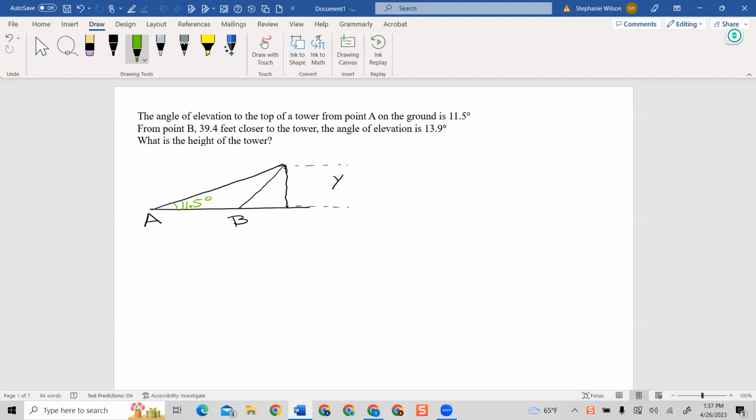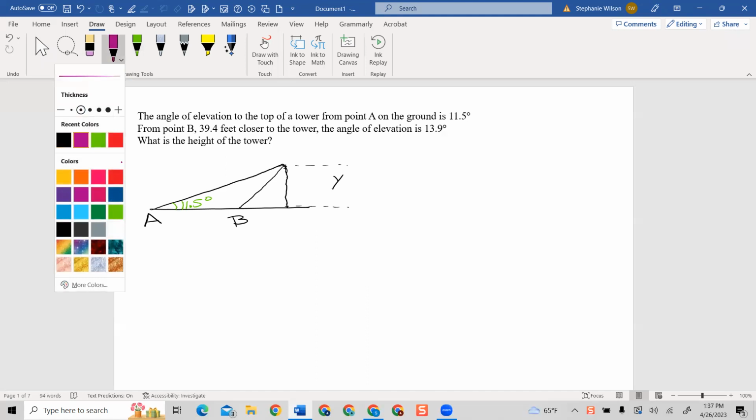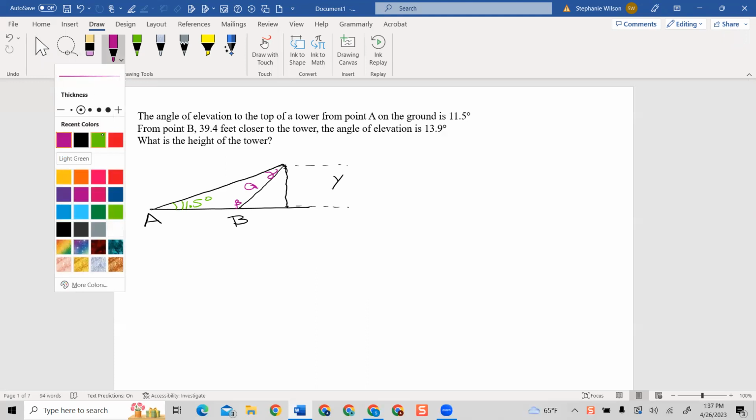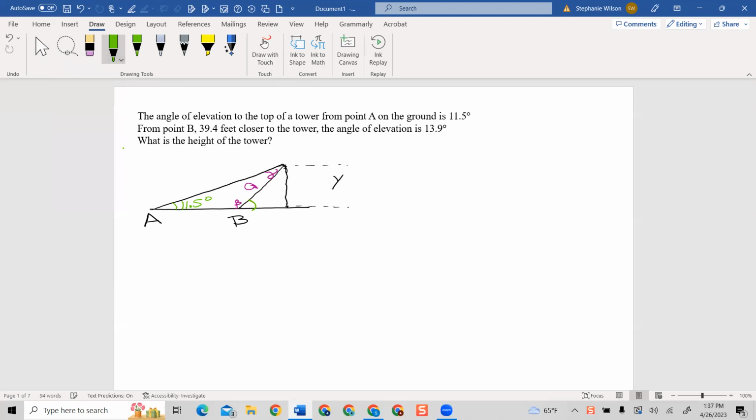We're going to call this point beta, and this point gamma, and this one A. Let's finish writing out what we know. We got this angle right here, which is 13.9 degrees, and then this distance right here, 39.4.